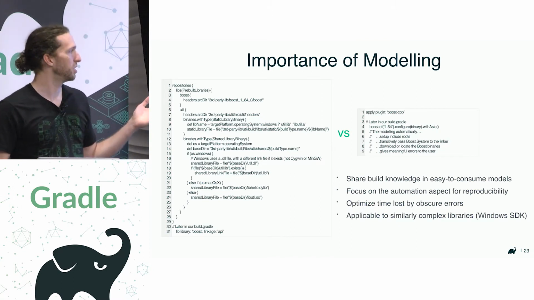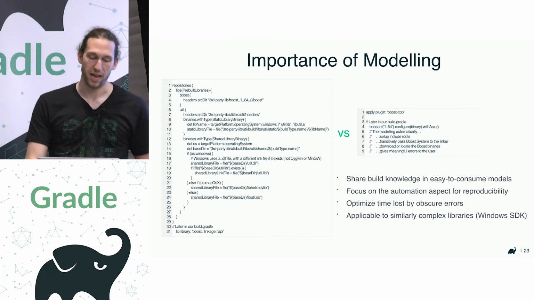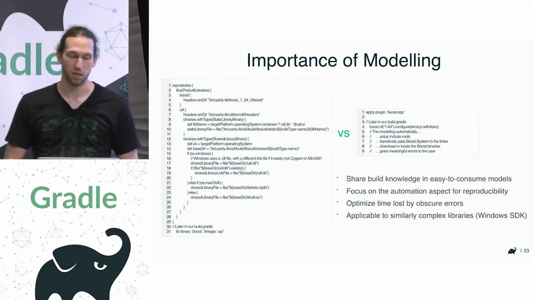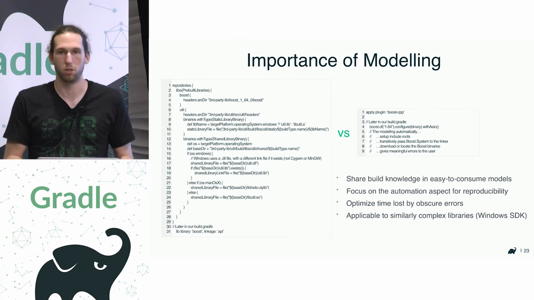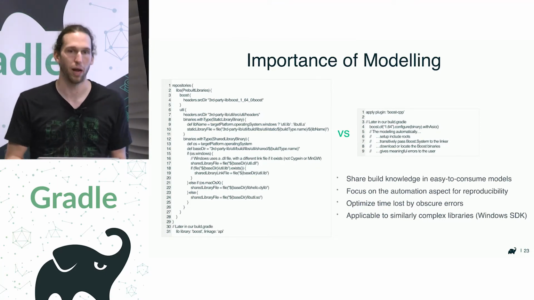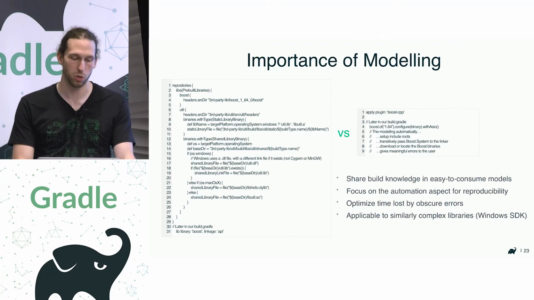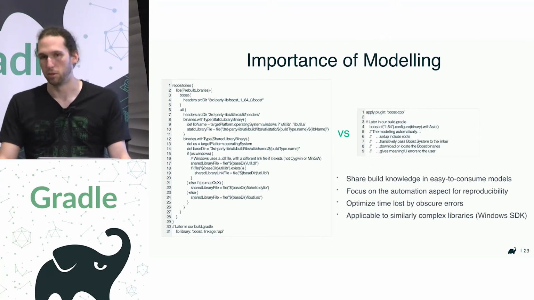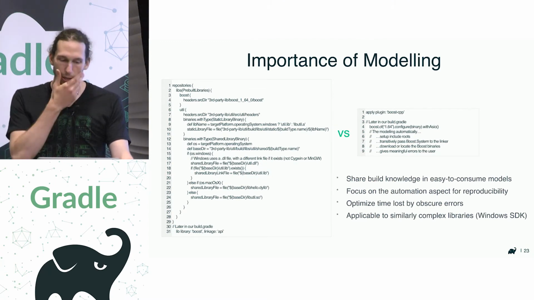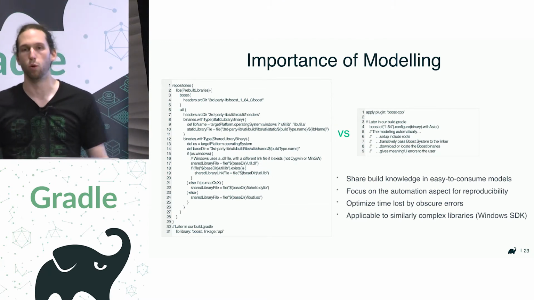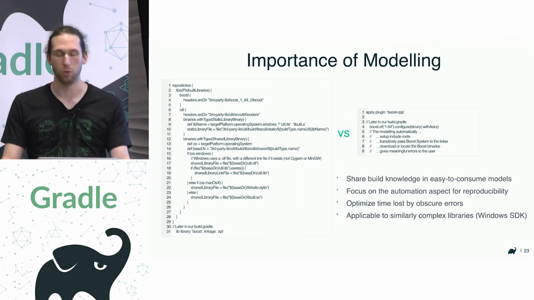So really, the idea is to focus on the aspect of automation and reproducibility. You optimize time lost searching for those obscure errors, a link error that doesn't really mean anything unless you actually know what your build is doing, which sometimes doesn't happen with some developers. It's also applicable to other complex libraries, such as the Windows SDK.